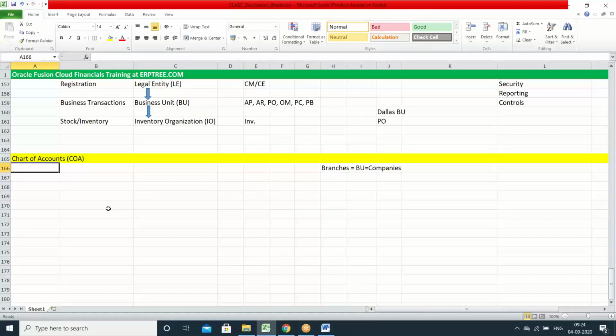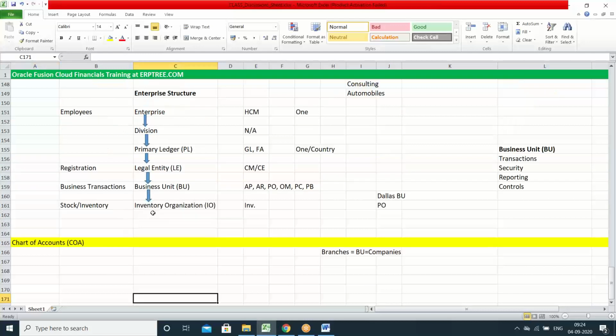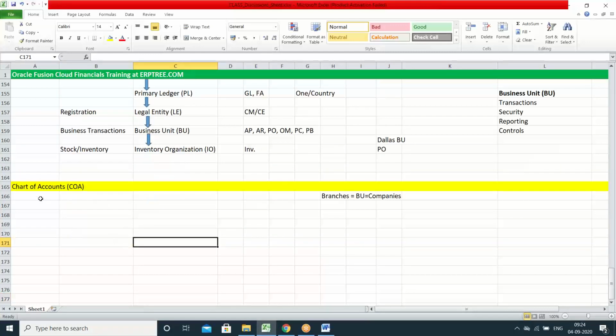Within the chart of accounts, you should have one balancing segment. That means one primary segment to record the transaction. So one balancing segment. As per Oracle, you can have more than one balancing segment also.